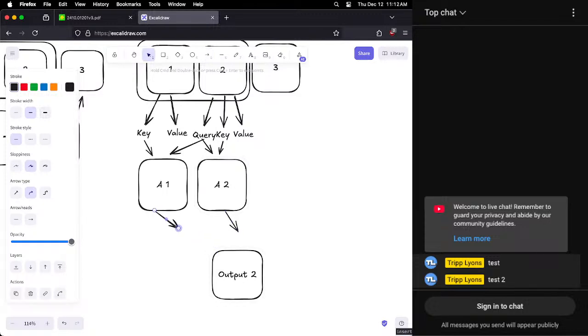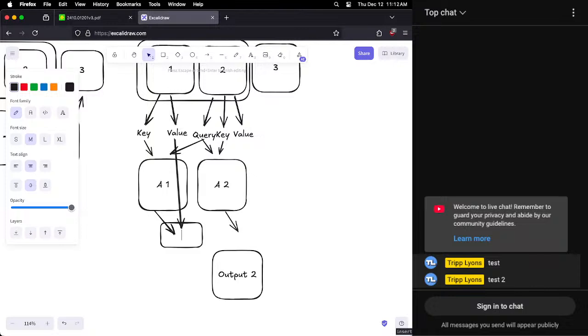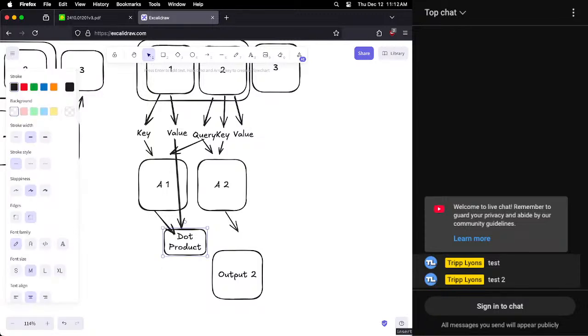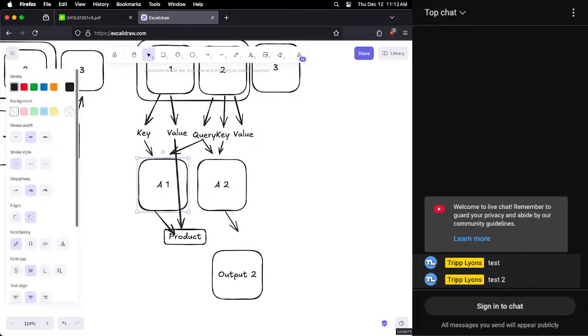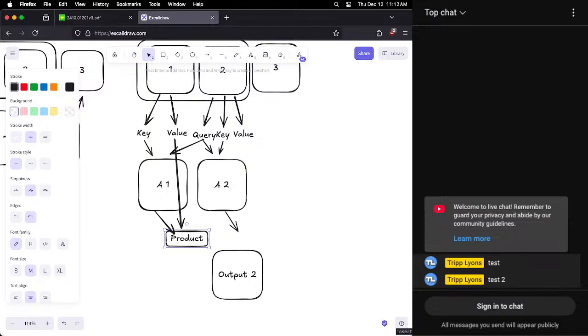Guess we should just make that clear where it's come from. This is an inner product. Let's say dot product. Or no, wait, this is a scalar. This is just a scalar product. Yeah, each of these is a scalar, these A's. And it's used to scale up the value.